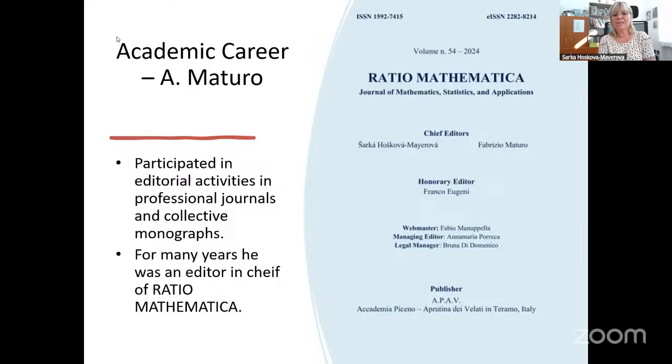I found here one cover of Ratio Mathematica, where not Antonio, but his son Fabrizio is editor-in-chief, but I think 20 years before Antonio did this job. And he also participated in many editorial activities of various collective monographs.